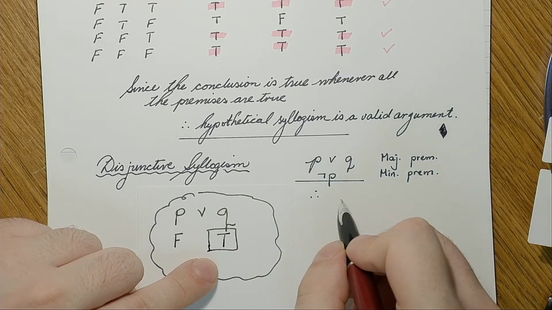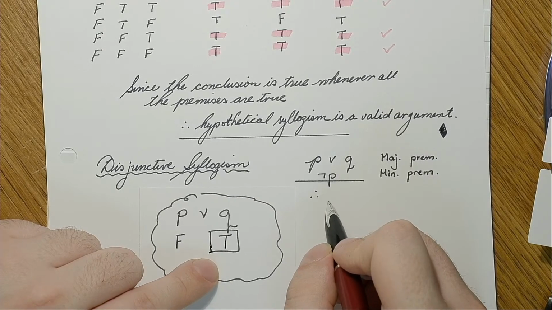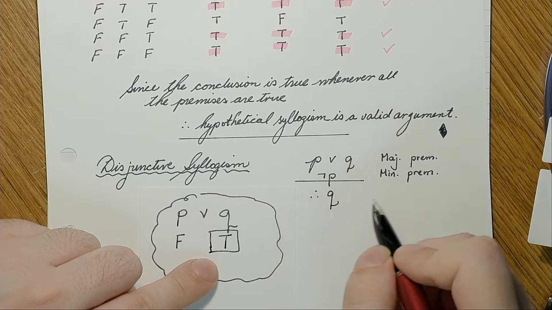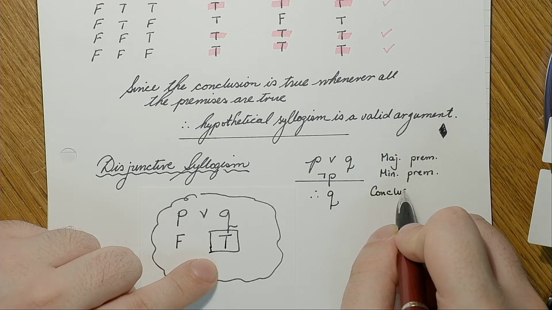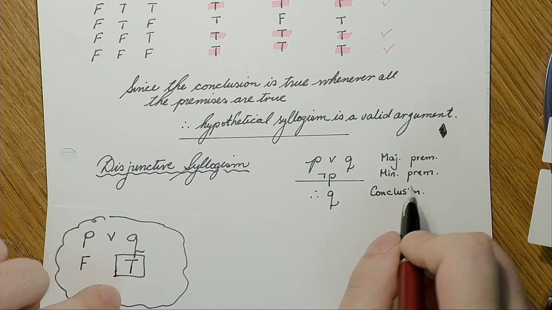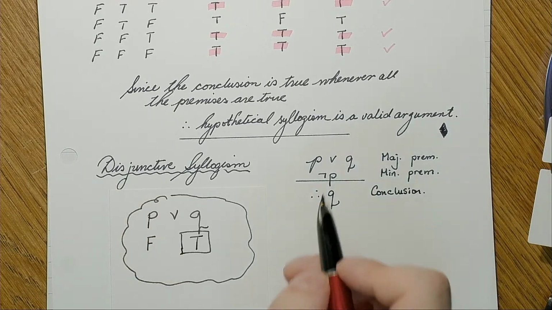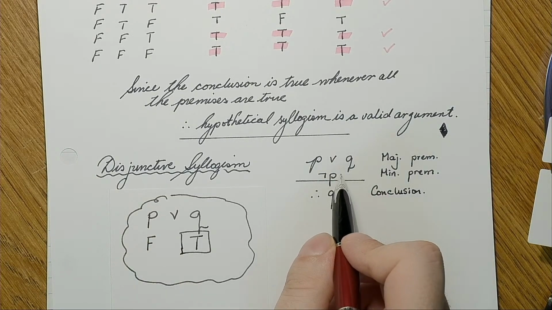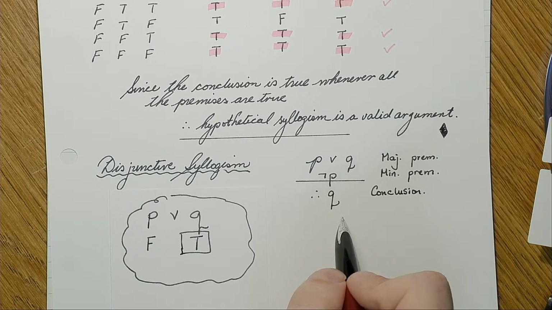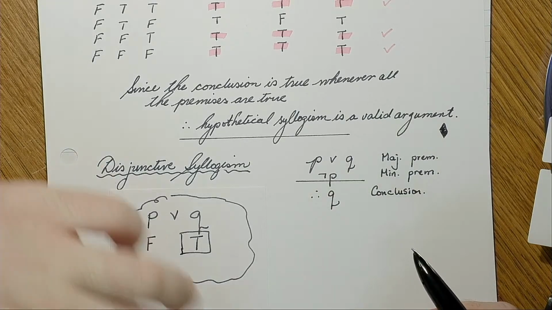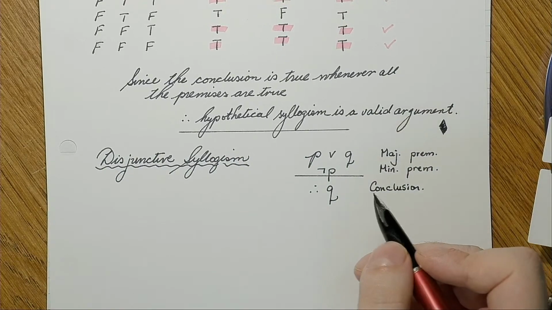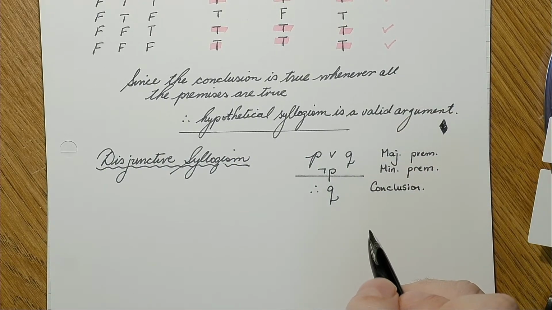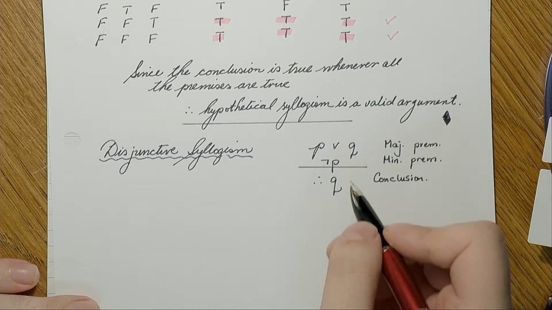So therefore our conclusion is Q. Right? If it's one or the other, and we've eliminated one of the choices, it has to be the remaining choice. Again, this is to ensure that it's a valid argument.